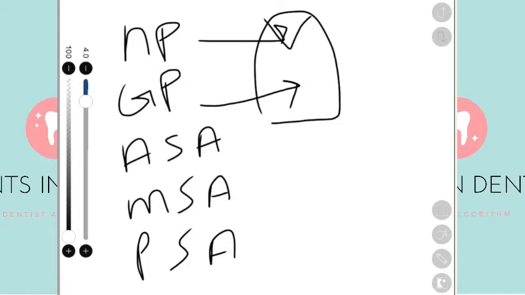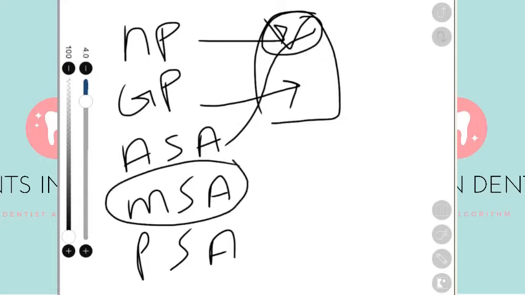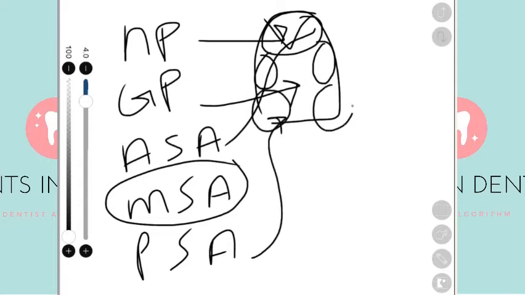And the anterior superior alveolar nerve supplies your anterior teeth, the middle superior alveolar supplies your upper premolar teeth, and the posterior superior alveolar supplies your upper molar teeth. So these nerves are very important. Don't forget. You'll probably anesthetize this every day in your practice.